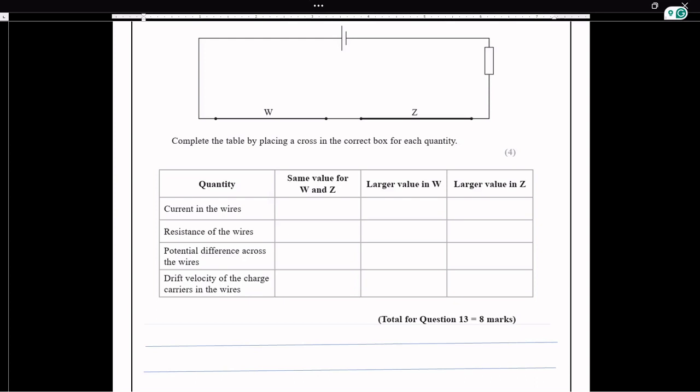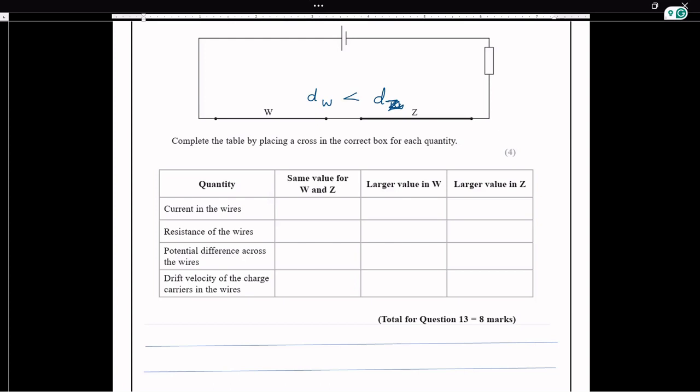diameter is different. So we have the information: diameter of W is less than the diameter of Z. D is the diameter. Okay, diameter of Z is more. This is the only information we know.